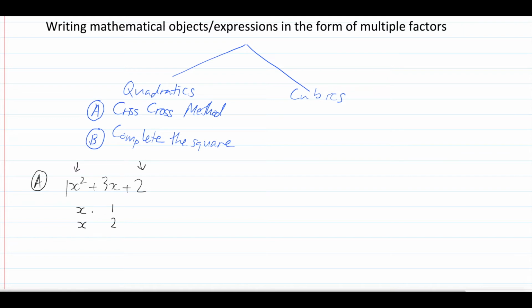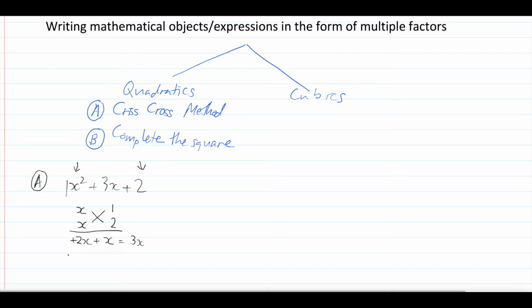Then you crisscross: x multiplied by 2 is 2x, and x multiplied by 1 is x. Because they're all positive numbers, if you add these together, can you get the middle term? If I add 2x and x, I do get 3x, which is indeed my middle term. That means the four numbers here are correct.